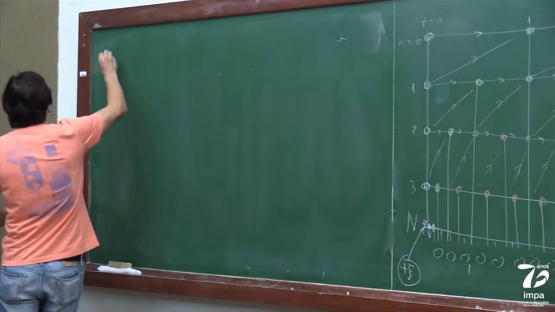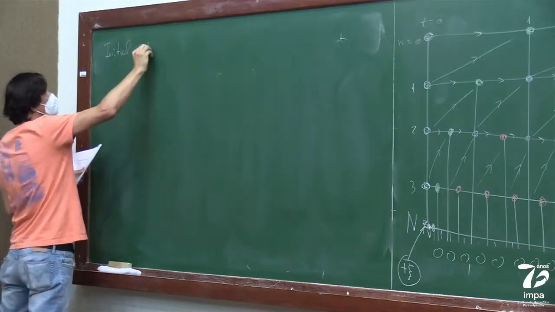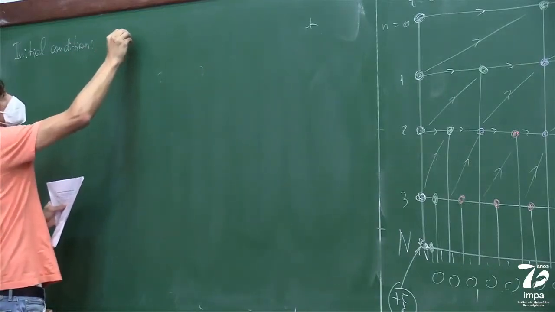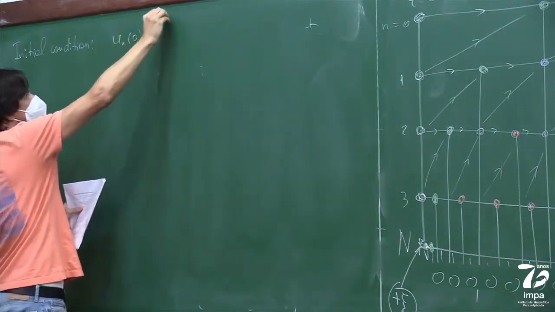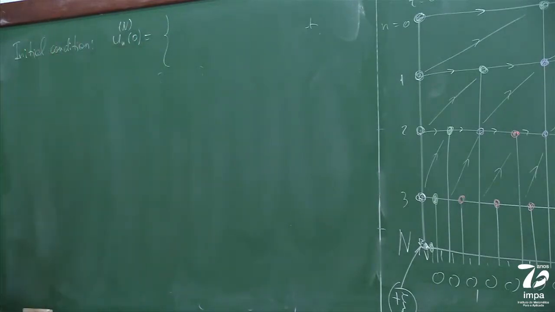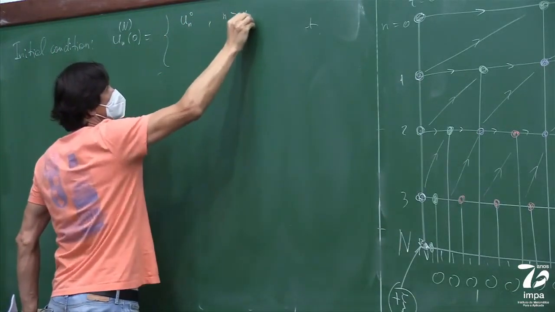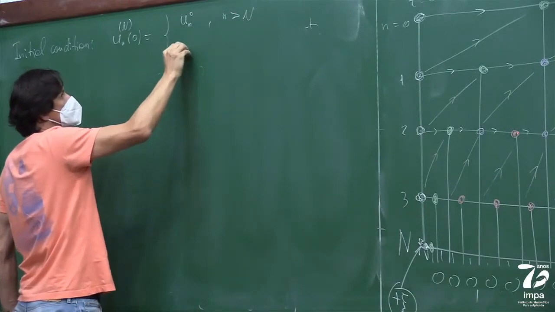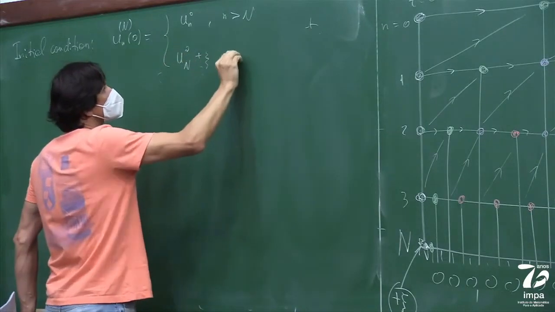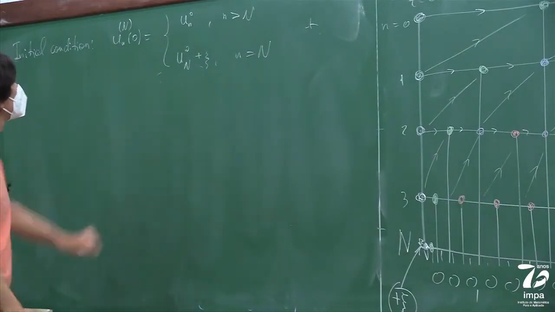So the initial condition becomes, so what is the initial condition, u_n at time 0 for the solution N. It's u_n(0) for n bigger than N, and u_n(0) plus xi for n equal N. So we make a small kick here.